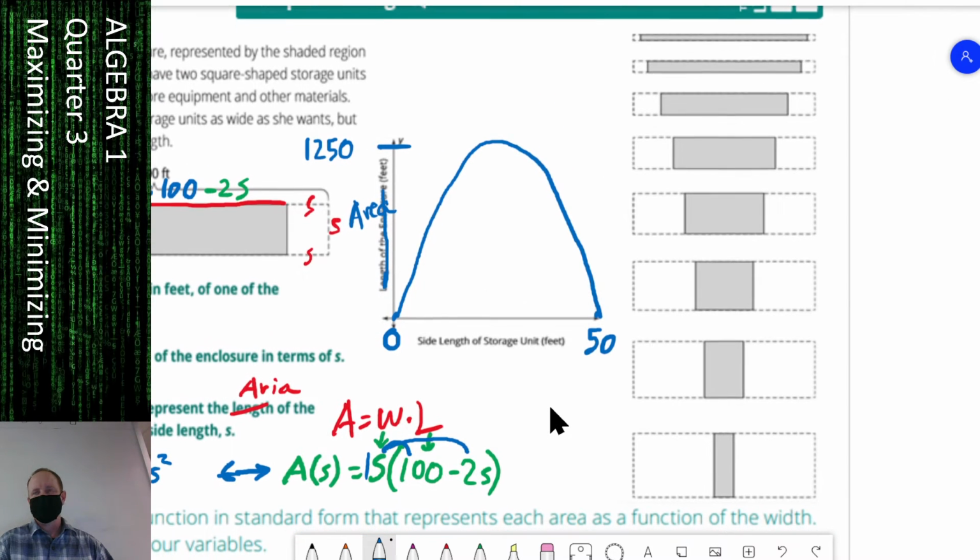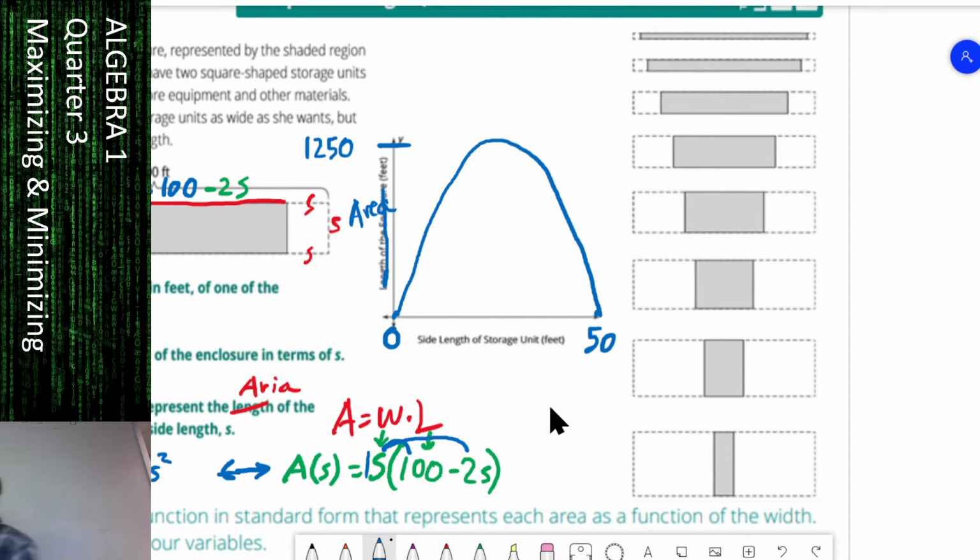So since we're dealing with squares and we got a lot of straight lines here, it seems odd that we would end up with a curve for the line when we graph this. But there's some sense to be made from this. This is our highest point, our highest area that this could be.